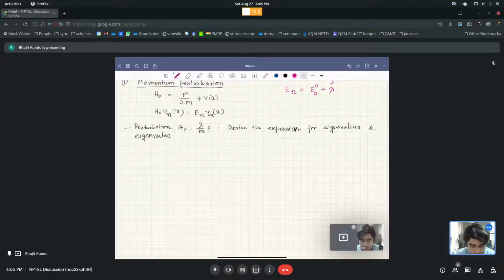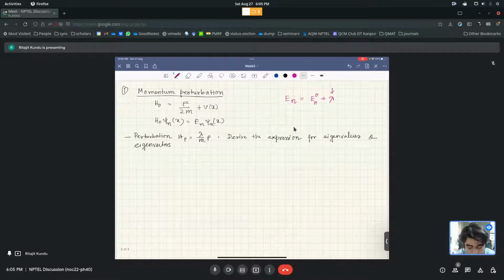All right. So I was talking about how we perturbatively calculate the corrections to the energy eigenstates. Any perturbation is written in terms of a series like this, and the suffix denotes the order at which we are calculating the correction.